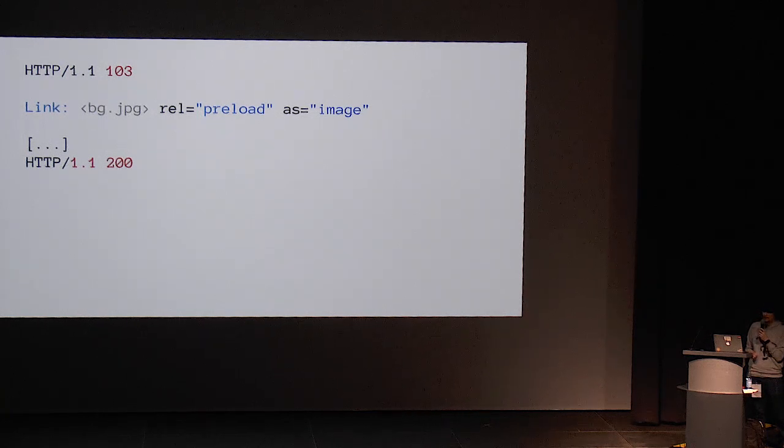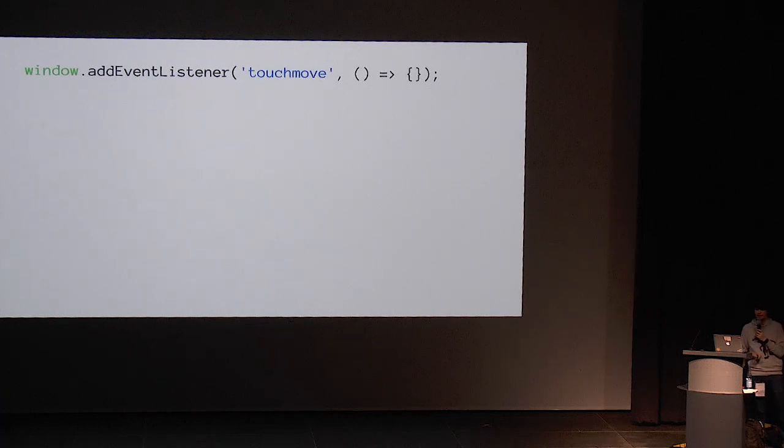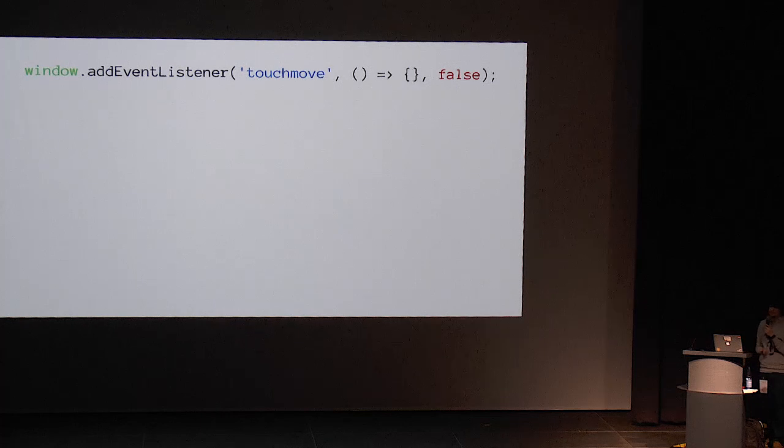And the last thing I'd like to talk about is addEventListener, or better yet, the third parameter of addEventListener. So who of you has seen that before? Oh, quite a few. Cool. What it basically changes is the propagation model, or how the DOM events flow.